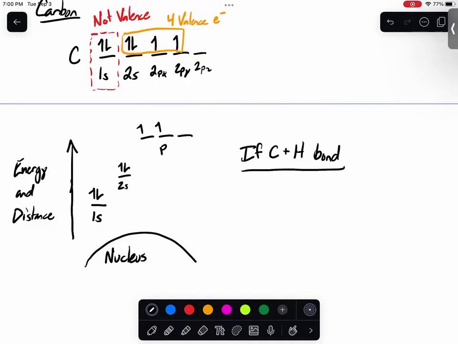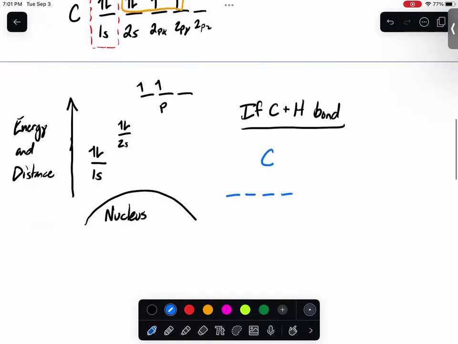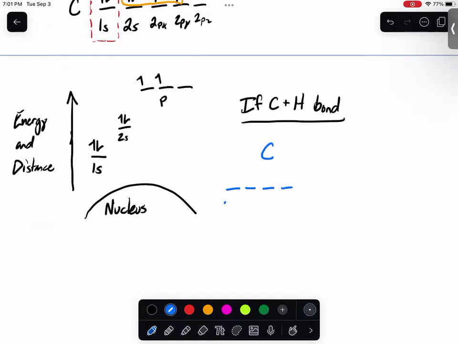So our carbon, which we will draw in blue, is contributing electrons from its 2s, 2px, 2py, and 2pz orbitals. But as we know, the 2s is already filled. And if we want to bond it to four different hydrogens, we would essentially have one hydrogen, which has one electron in that 1s orbital.